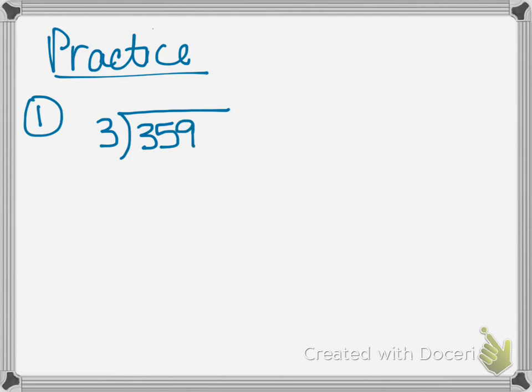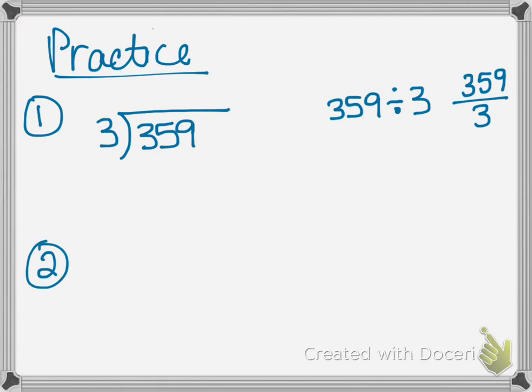Now I want you to be aware that if we were to write that out long ways, we could write 359 divided by 3 as a fraction, 359 over 3. Those are all equal. I'd like you to solve that. And the second one I'd like you to solve is 162 over 5.